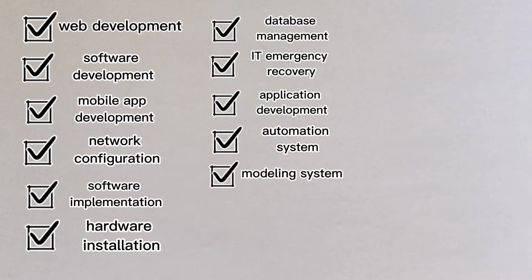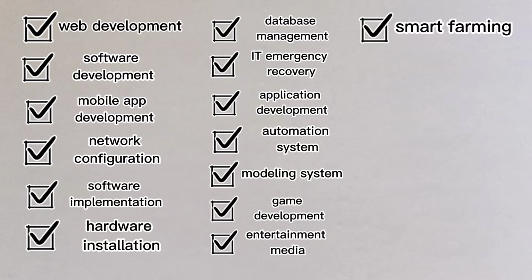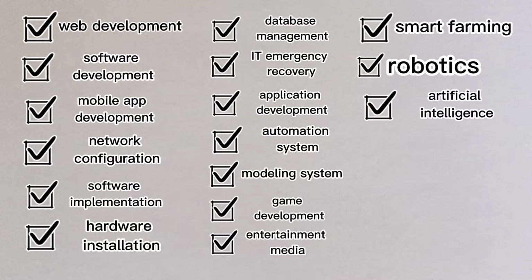Modeling systems include cognitive science, 3D modeling, space modeling, etc. Game development, entertainment media, smart farming, including agriculture, aquaculture, breeding, gene matching or selection, robotics, and artificial intelligence.